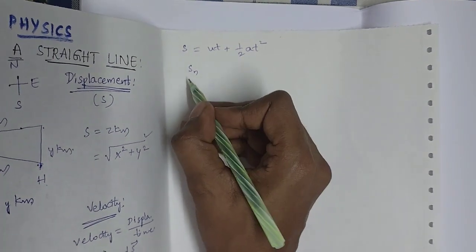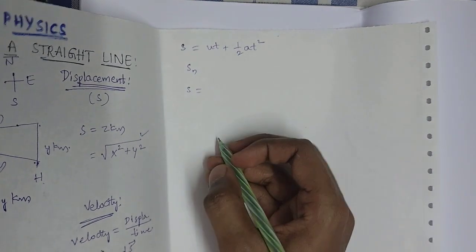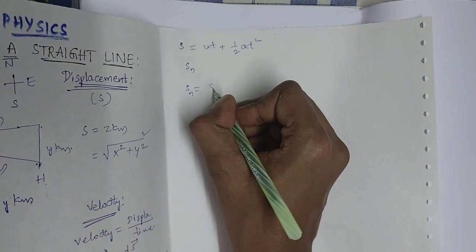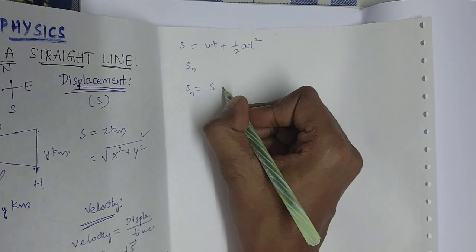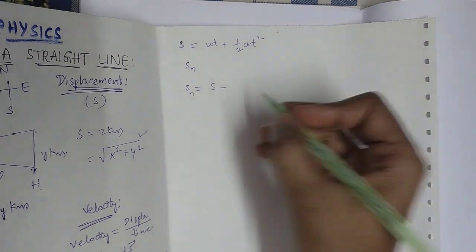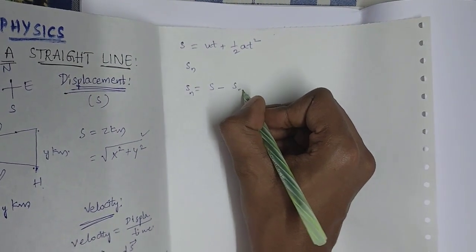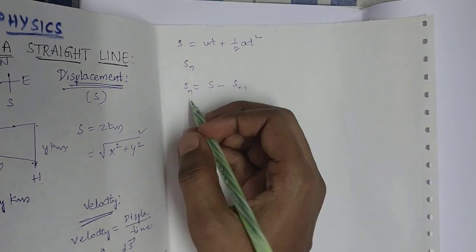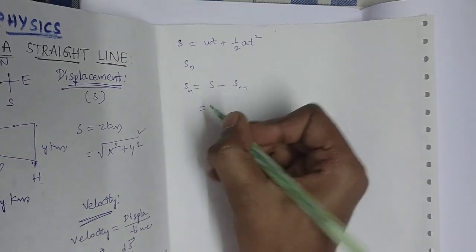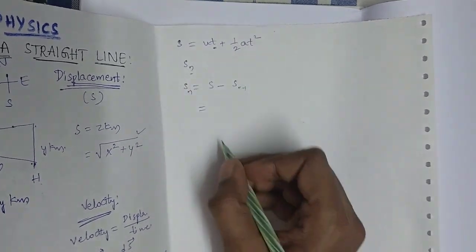So, in the place of Sn, we can write S, meaning distance traveled in n seconds, minus S of n minus 1, which is the distance traveled in n minus 1 seconds. So, in the place of t, we have to substitute n.